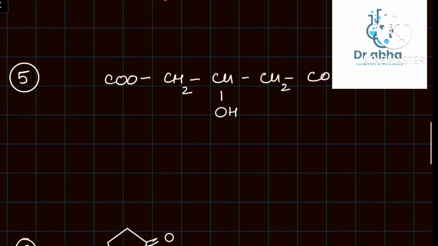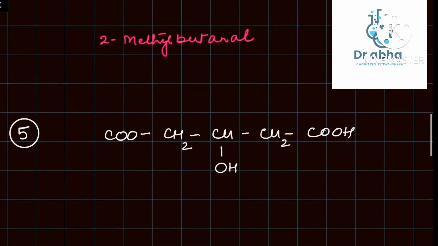In the next example, I have taken 2 functional groups, rather 3 functional groups, but these two functional groups, the first and the last one, I can take in the main chain. 1, 2, 3, 4, 5.